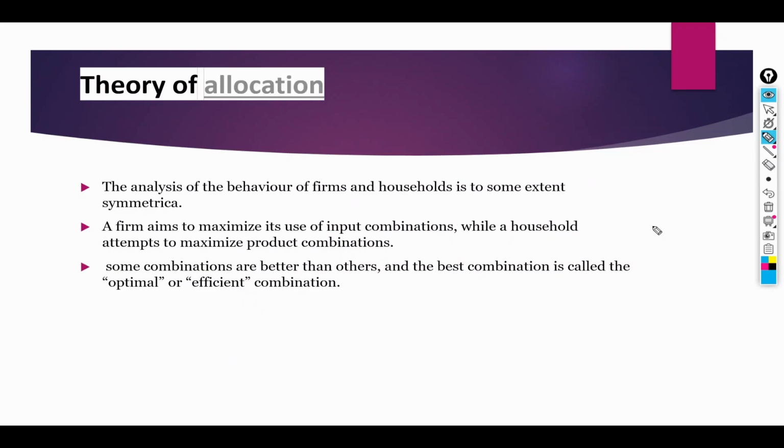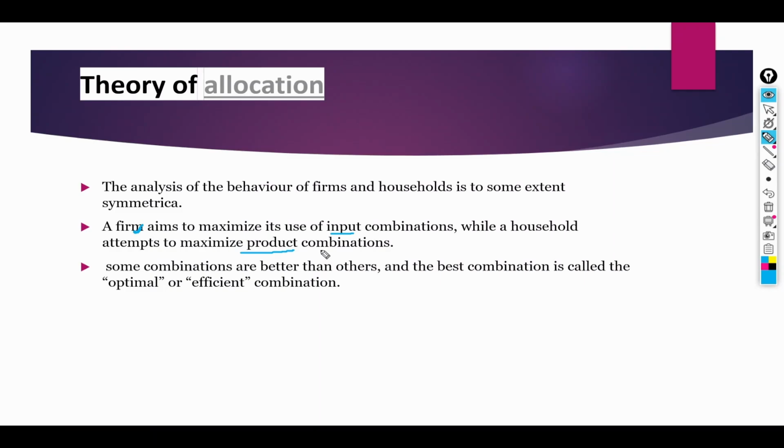Move on to the theory of allocations. The analysis of the behavior of a firm and a household is to some extent symmetrical. The firm aims to maximize the use of input combinations, while the household attempts to maximize the product combination. Households are the ones who are going to use those products, so the household will combine products in a way that maximizes the product combination.